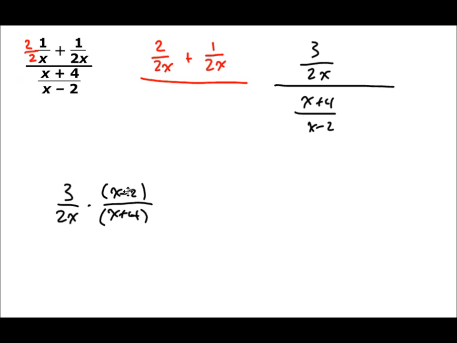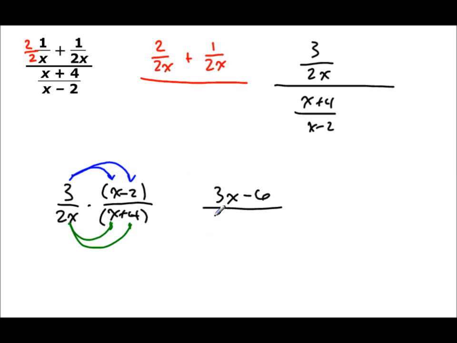I'm going to multiply this numerator times this numerator, which would give me 3x minus 6 if I distribute. Again, the distributive, you can see here, I'm taking the 3 and I'm multiplying each one of these 3 times x and 3 times negative 2. And then the same thing here, I'm going to go ahead and multiply this 2x times x and this 2x times 4.